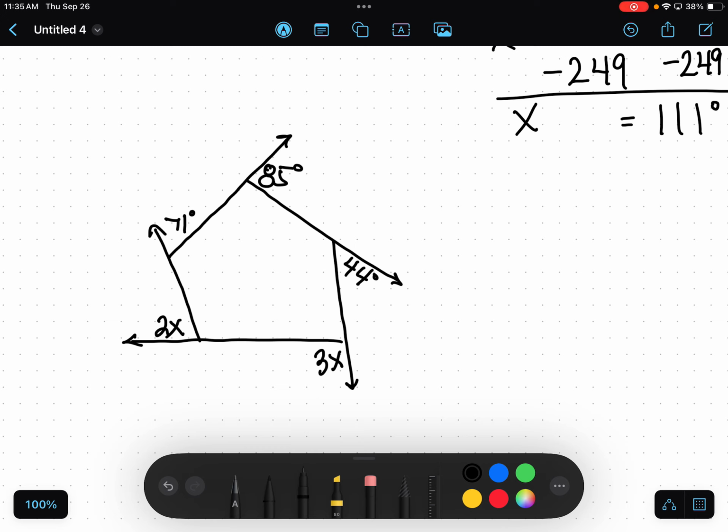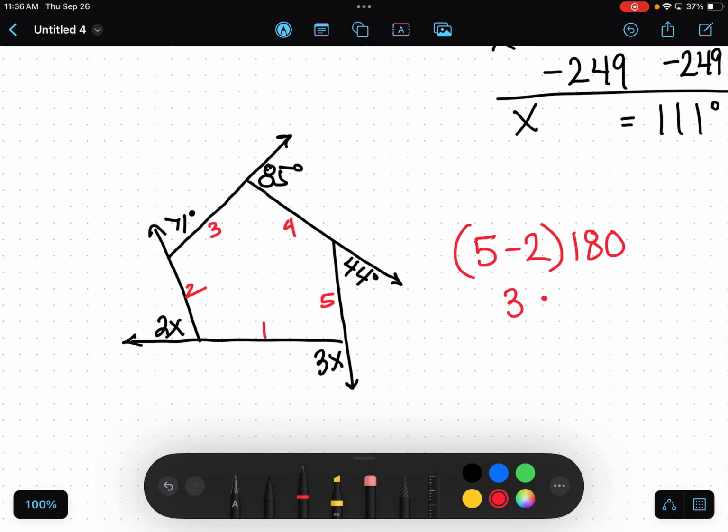So the first thing I'm going to do is count up how many sides there are. And I'll put it in red so that we don't confuse it with something else. There is 1, 2, 3, 4, 5 sides. So like what we did yesterday, we're going to take the number of sides minus 2 and times it by 180. And the reason why we do that is because we can cut this into that many triangles, and all the triangles are equal to 180.